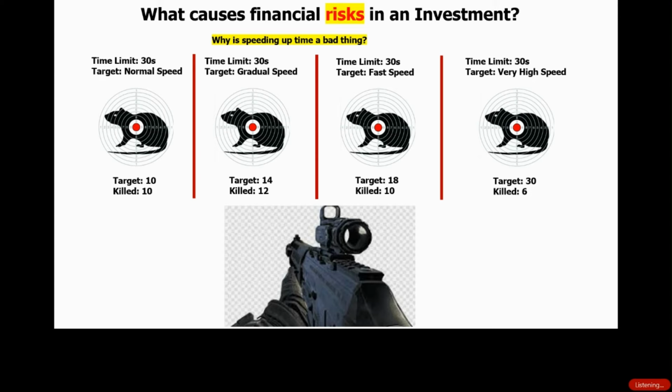As you can see, with a little bit of debt and a manageable amount of debt, which would be the rat just gradually running a little faster, the company actually performed a little bit better. So that's something you need to think about. If a company has debt, that's fine. If a company has a lot of debt, that's not fine because that's putting a lot of risk on you as an investor.